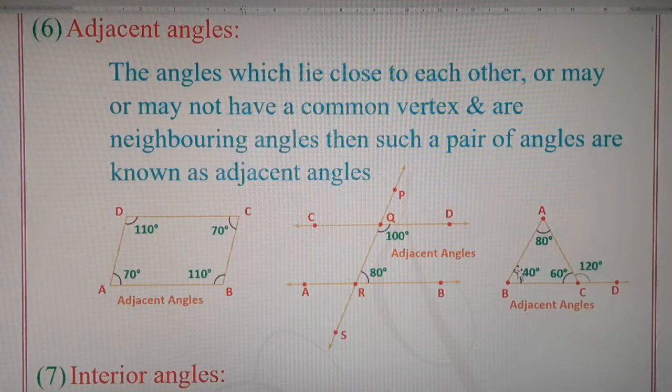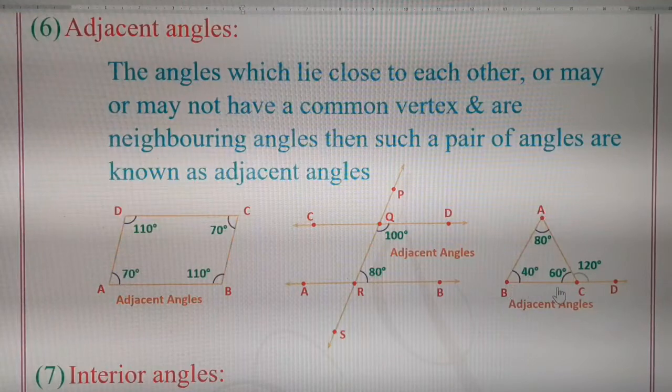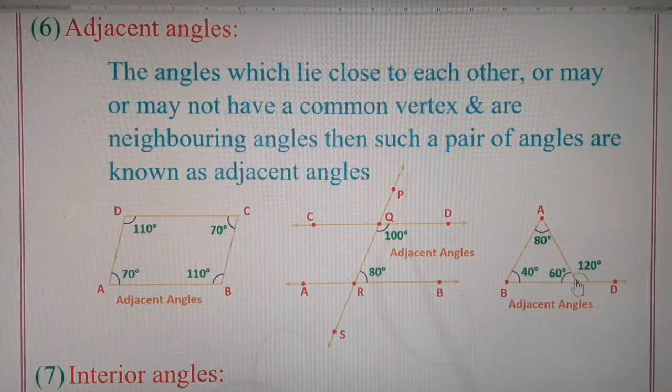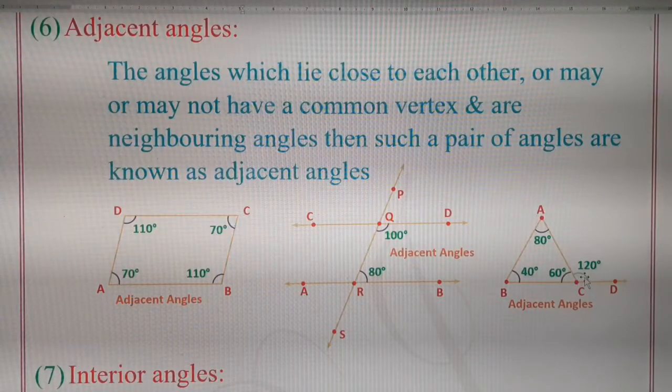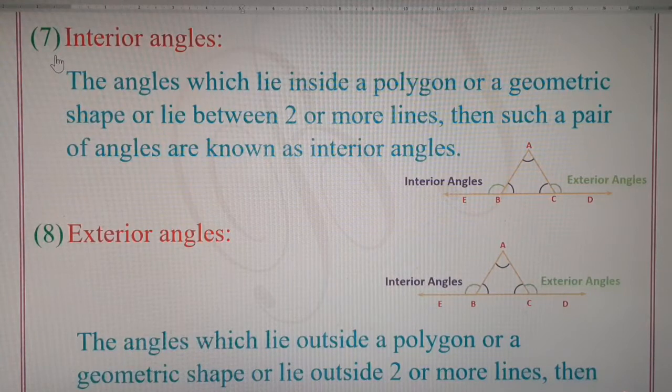While angle ACD and angle ACB are said to be adjacent angles or neighboring angles, and they also form a linear pair of angles. Let's go to the next type of pair of angles.